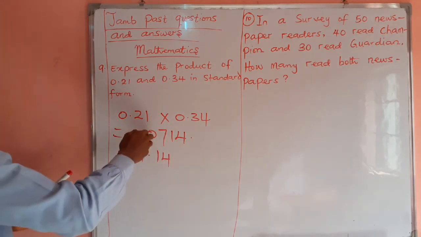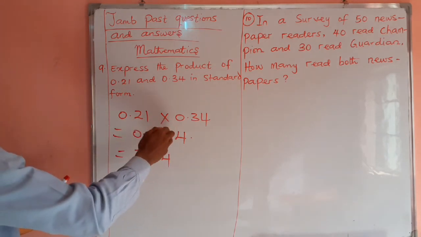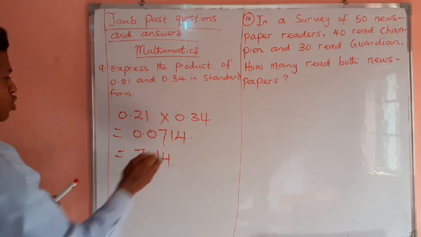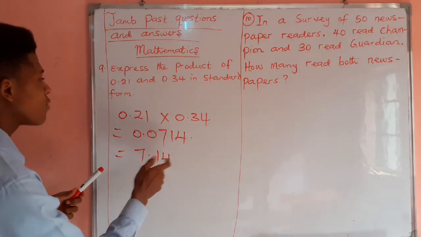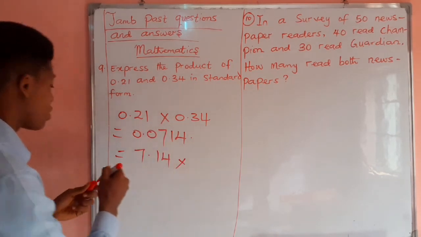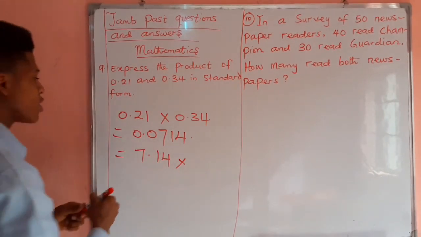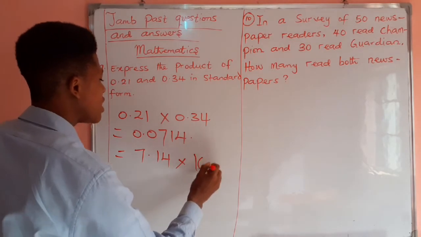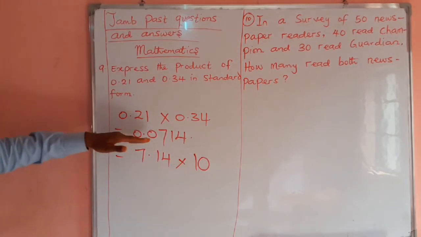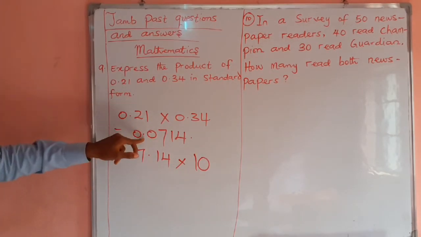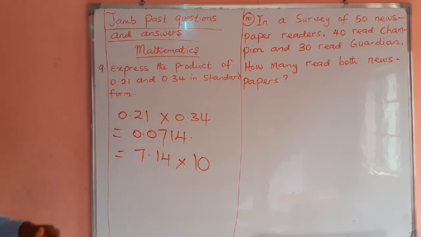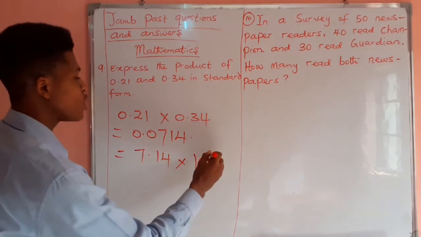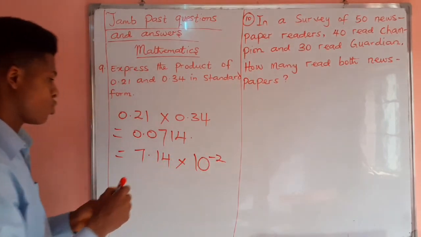You count after the decimal, 1, 2. 7.14 times, of course, it has to be a very sensible number, 7.14 times what? In standard form, 10 raised to power. Since this is in decimal, if you count after the decimal point, it's 2, right? And it's a decimal, so it will be minus 2.